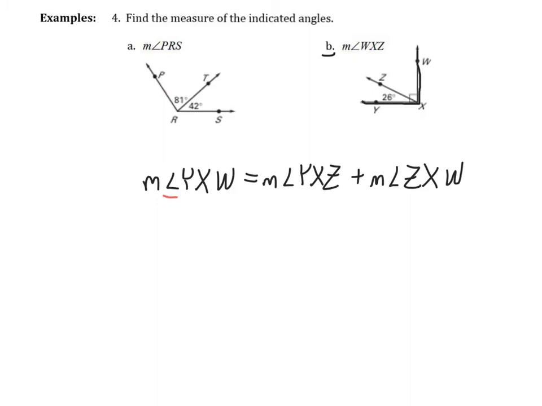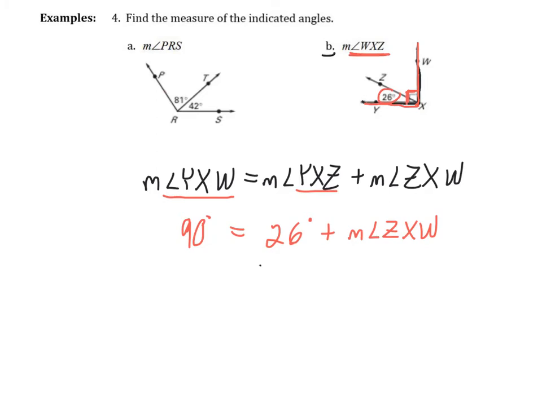I actually do know what YXW is. I have this little box here which tells me right away that it is 90. And that's going to be equal to YXZ, which I do have is 26, plus the measure of ZXW. That's what they want you to solve for right here, ZXW or WXZ.